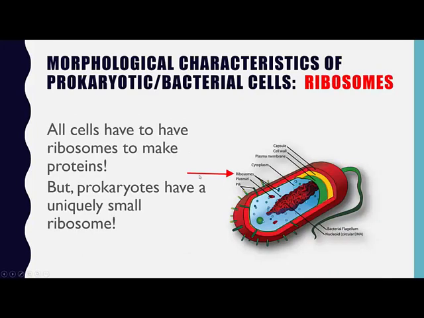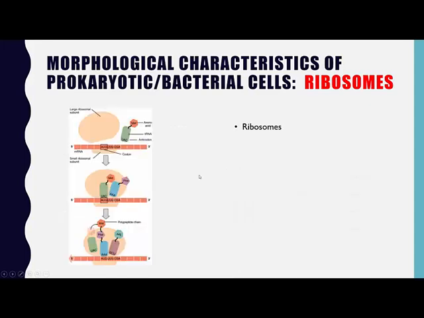Okay. Ribosomes. All cells have to have ribosomes. Why? To make proteins. But prokaryotes have a uniquely small and different ribosome. Ooh, would that make a target? Sure would. Okay. So we have to look back at ribosomes. Do you remember learning about ribosomes? Okay, think back. DNA has genes.